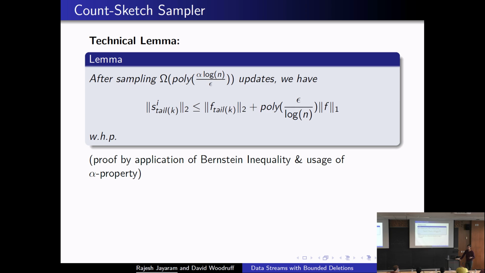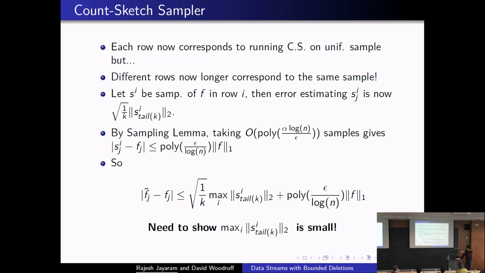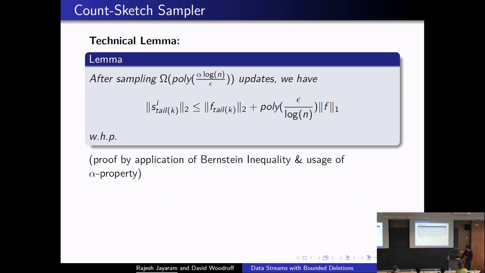And the error it's going to cause you is proportional to the probability that you sampled it, which is proportional to the L1. So you're going to get the actual L2, but you're going to get error coming from the L1. But that's okay, because we already had error of the L1 anyway.